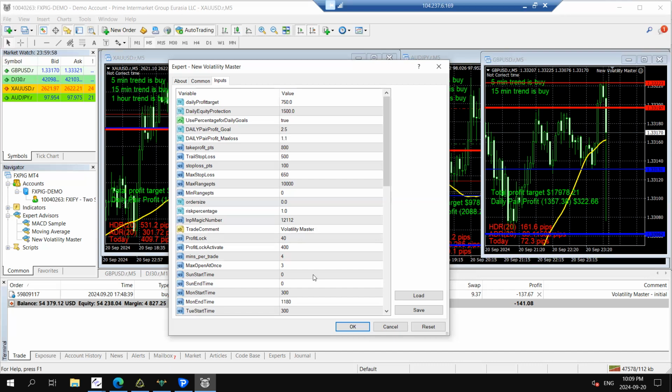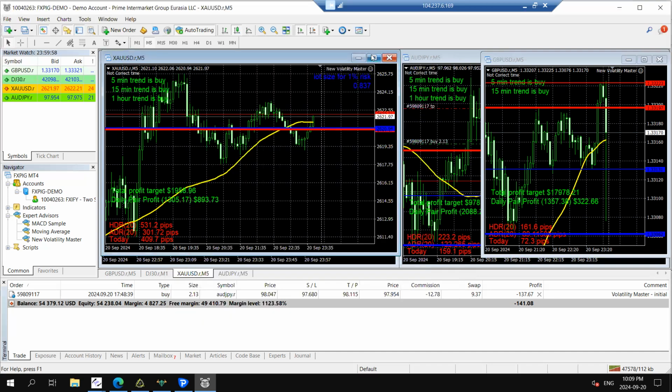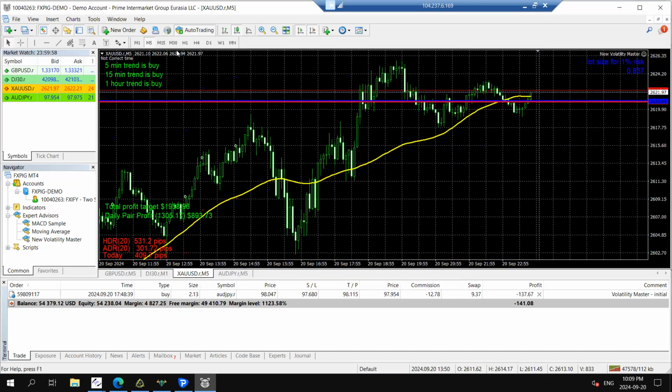When I'm using Volatility Master to trade directly after a red folder news event, I obviously also need to know the economic calendar so I know when those news events are occurring so that I can set the times to trade directly after that news event. Now, let's just have a look at what I've got on the chart here.